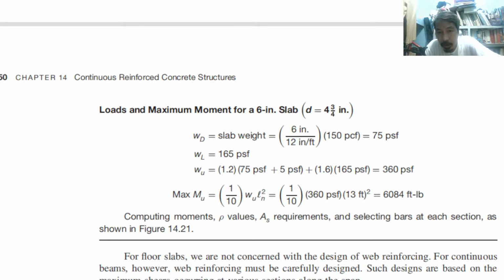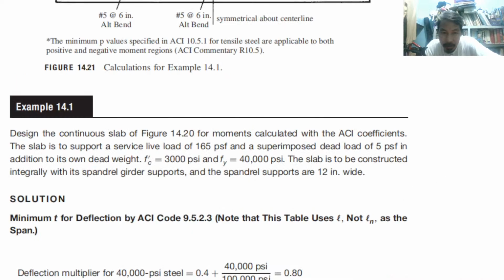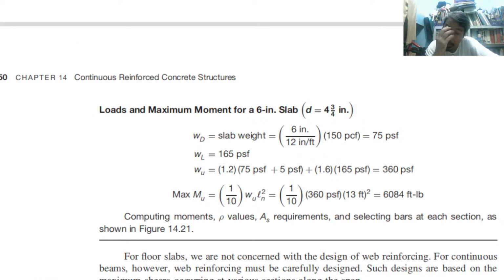So in estimating the thickness, we have L. Take note of the difference, L versus LN. L is the center to center distance, span, but LN is the clear distance. So clear distance squared.